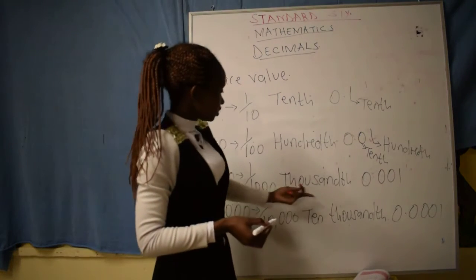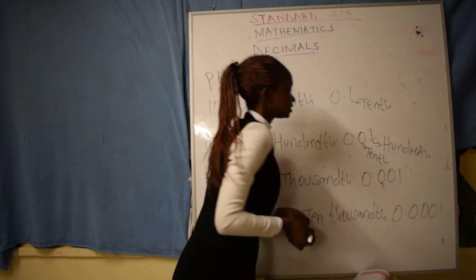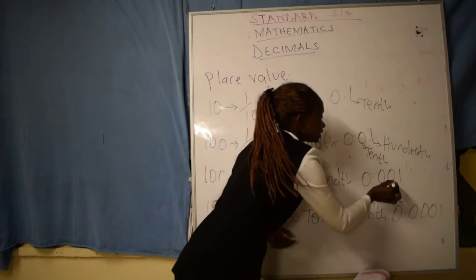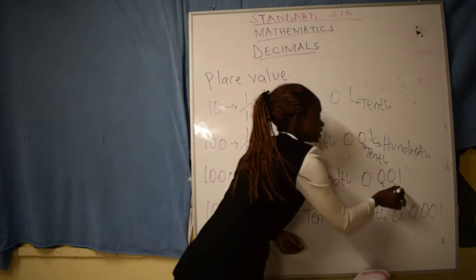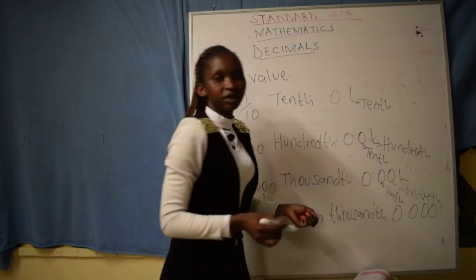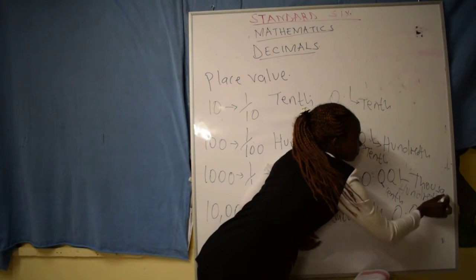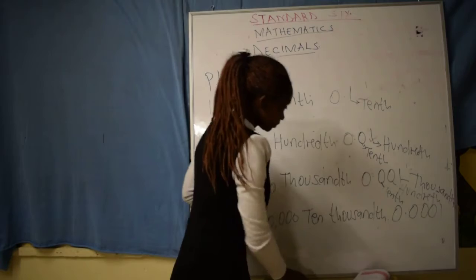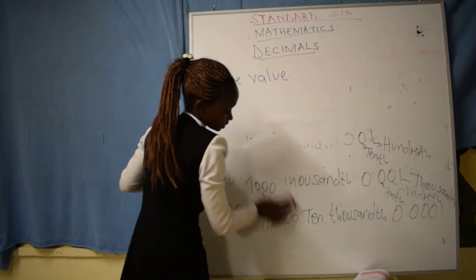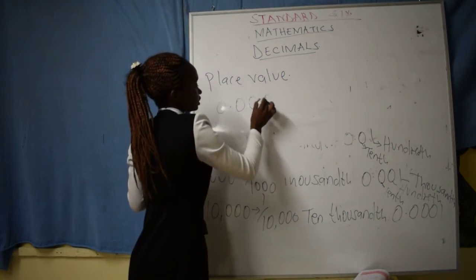In our next example, that is 0.001, the place value of the first 0 shall be tenths. Then the second 0 after the decimal point is hundredths. And then the place value of 1 shall be thousandths. And lastly, we have 1 out of 10,000. So the number is 0.0001.